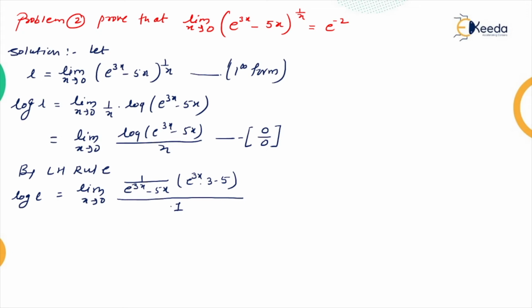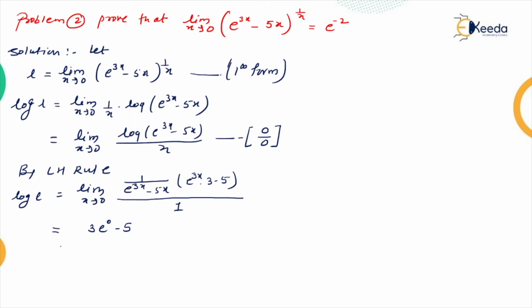Now no indeterminate form arises after this step, so you directly apply the limit. Limit as x tends to 0 means replace x by 0 in this expression. So what do we get? We get 3 into e to the power 0 minus 5, because 5 into 0 is 0. e to the power 0 means 1, and 1 upon 1 becomes 1, and into e to the power 3 into 0, e to the power 0, minus 5, divided by 1.